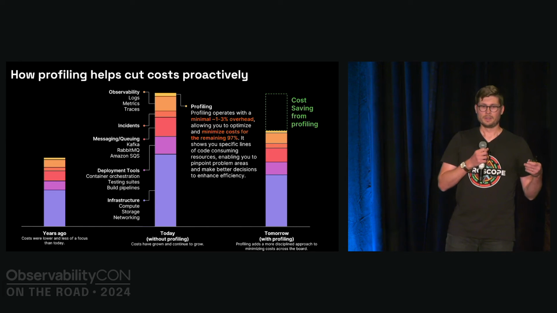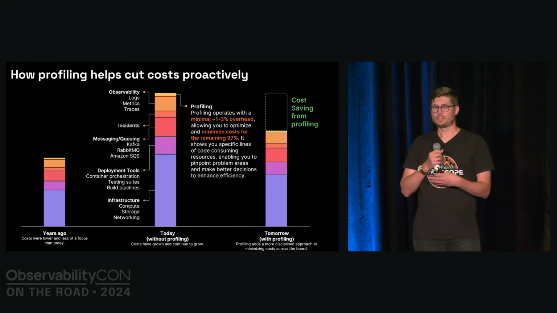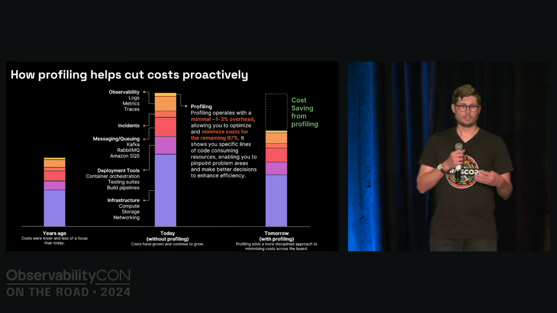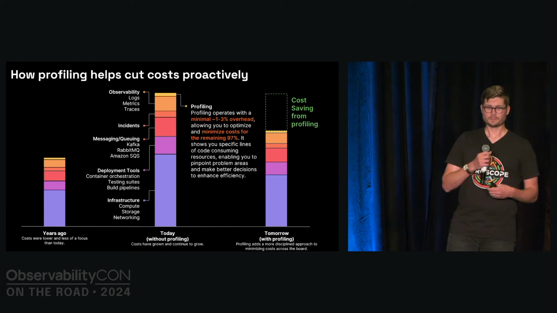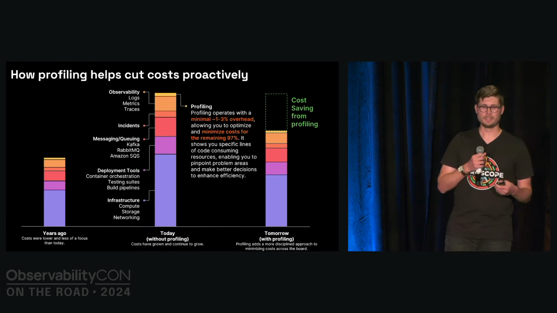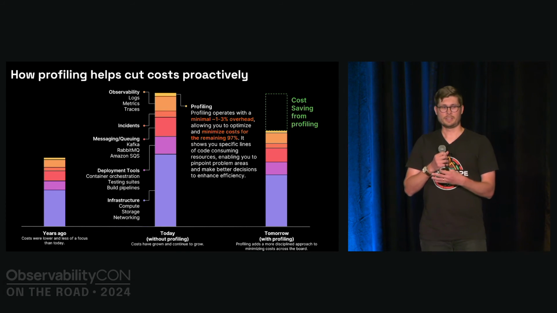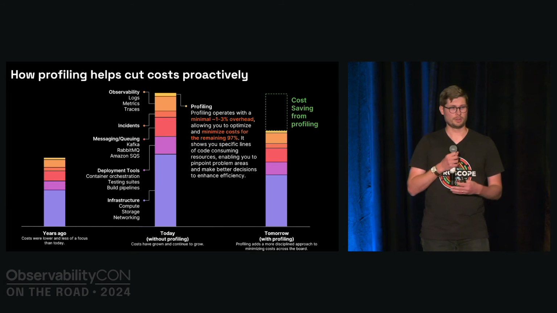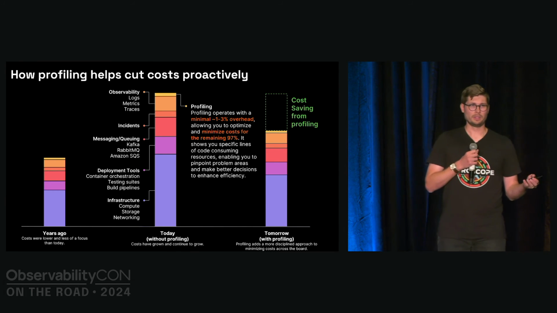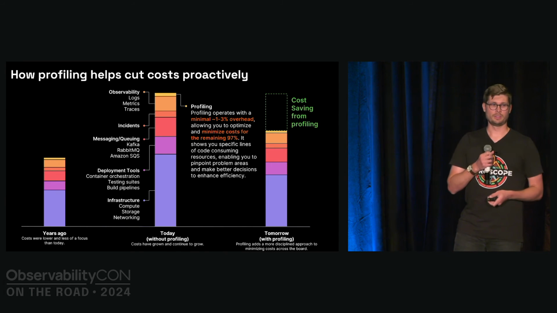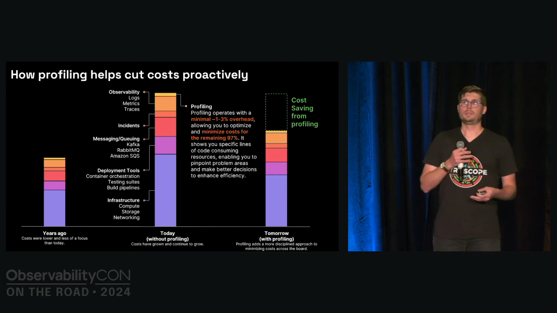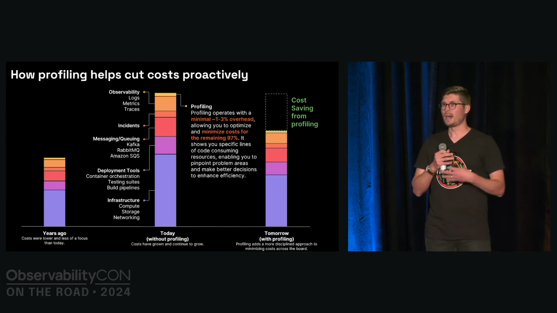So now we have these complex, probably distributed applications. There are many abstractions around libraries and tooling for deployments. We have third-party dependencies like messaging queues that help facilitate this application working in a distributed nature. We have observability infrastructure to help us understand how this application is operating. And all of this adds up, and it generally means systems today cost more to run.